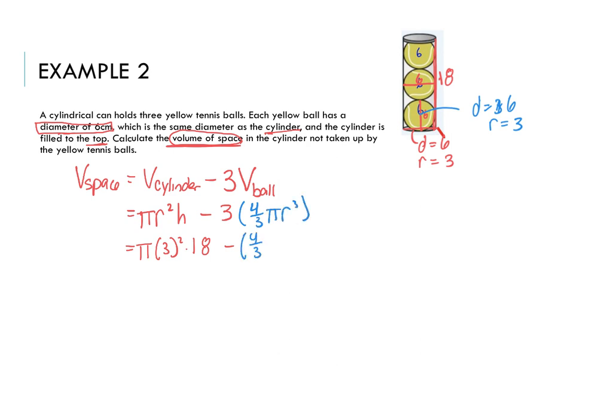So 4 over 3 pi 3 cubed. And then we can put all of this into our calculator, and we get that the difference between these two volumes is 170 centimeters cubed.